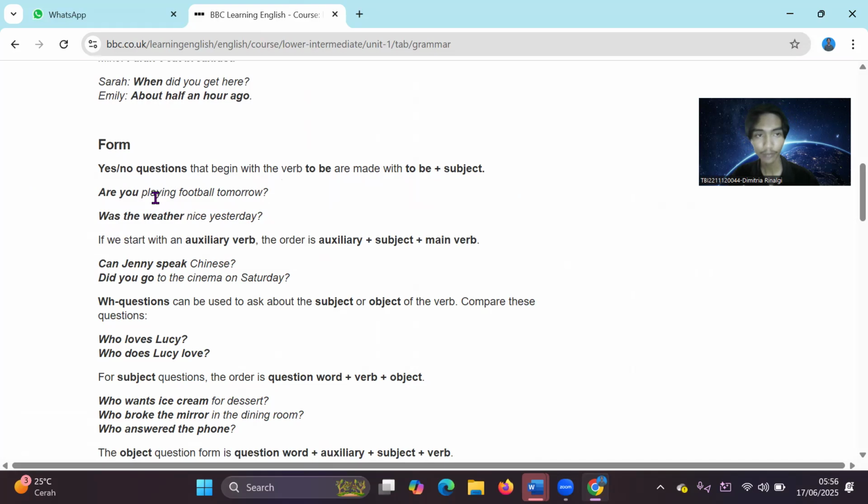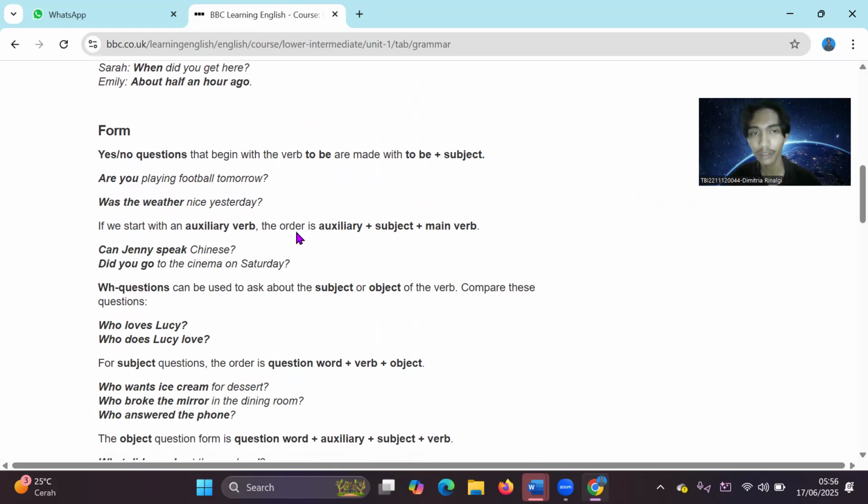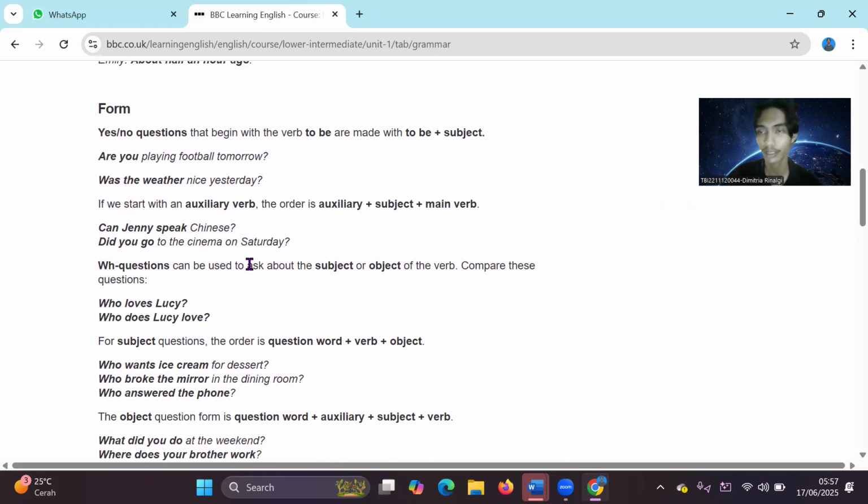Yes or no. If we start with an auxiliary verb, the order is auxiliary plus subject plus main verb. Can Jenny speak Chinese? Did you go to the cinema on Saturday? That's the yes/no question form.